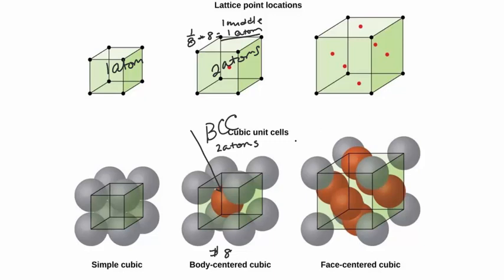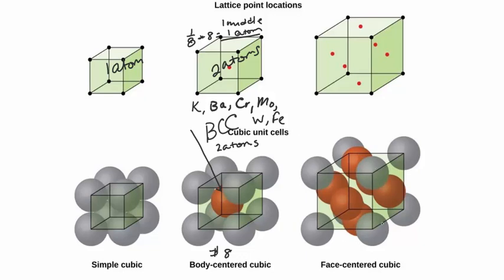Then we have the face-centered cubic cell. Now the face-centered cubic cell, again, this image is a little bit odd. So the gray atoms are going to be in our corners. We still have 1/8 of an atom in each corner. Now we have 1/2 of an atom on each of our faces. Remember, a cube has 6 faces.